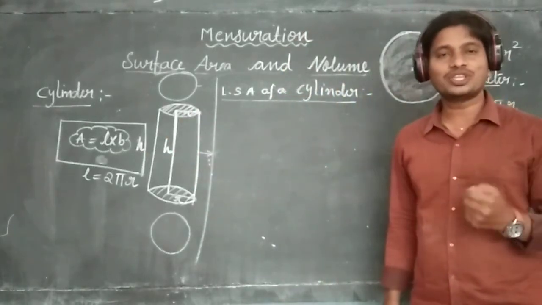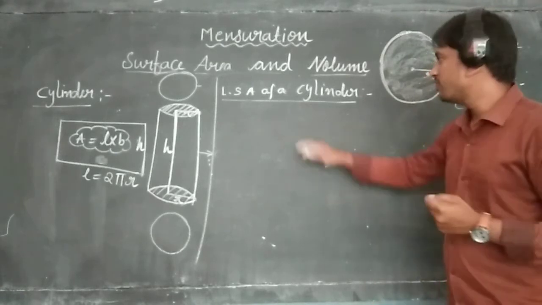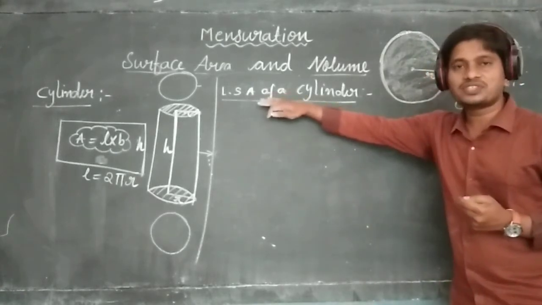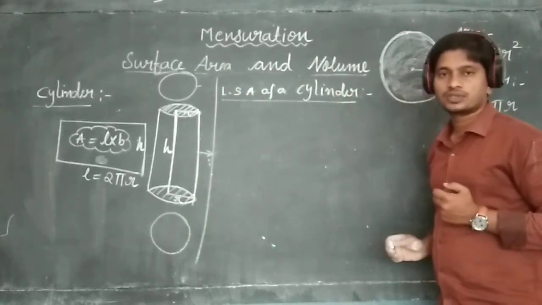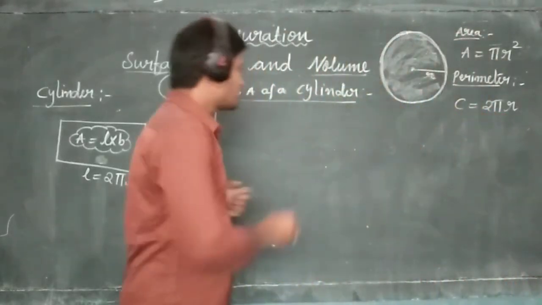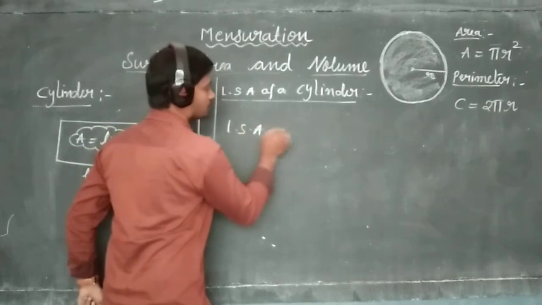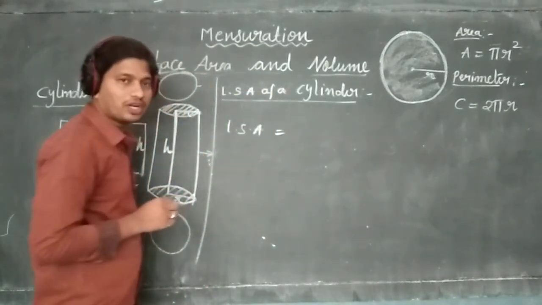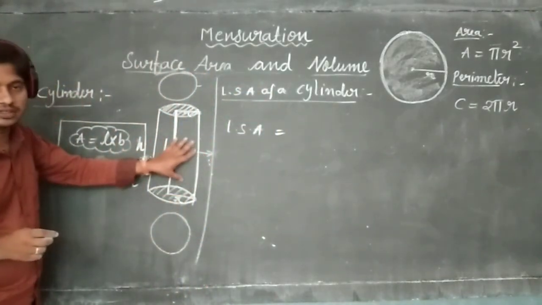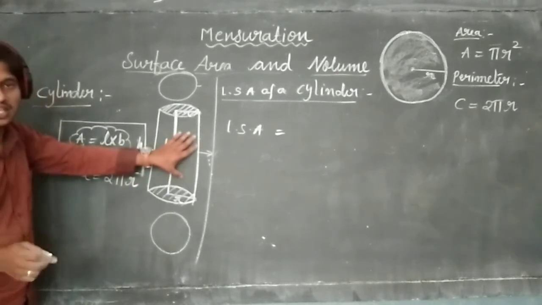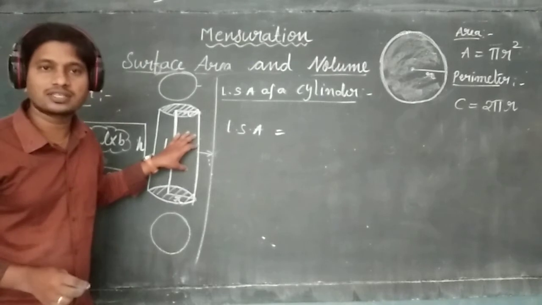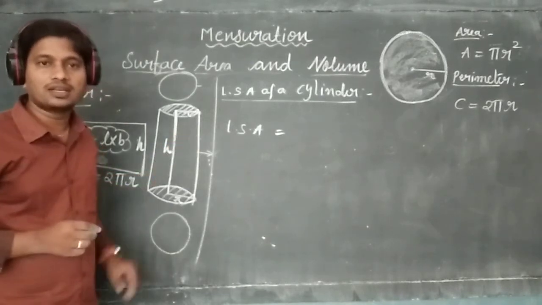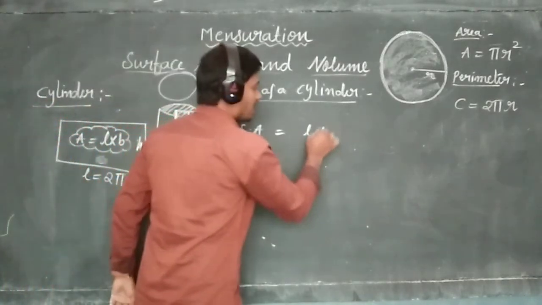As we know, when finding the lateral surface area of a cylinder, we have to remove the top face and bottom face. Therefore, LSA of cylinder equals, we have only one curved face, which is in the shape of a rectangle.